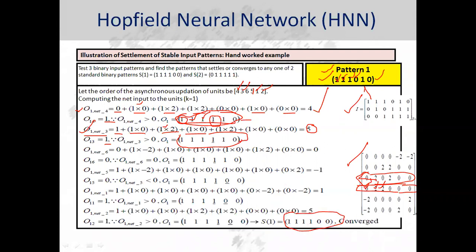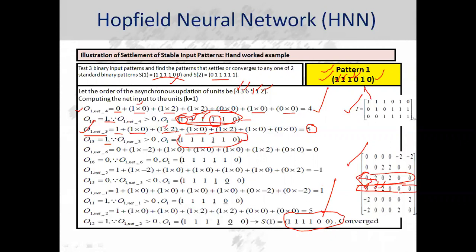We observed the output to be equal to 1, 1, 1, 1, 0 and 0. Try to match it with the already stored patterns. We stored these two vectors, S1 and S2, as stored patterns, and the output generated after the first epoch matches this one. It means our Hopfield network converges.